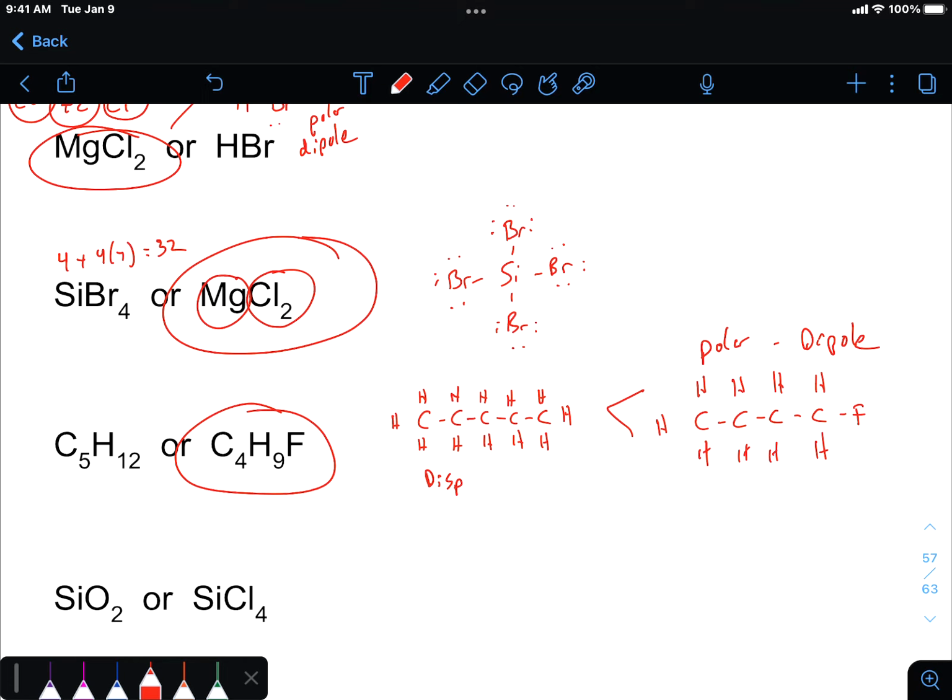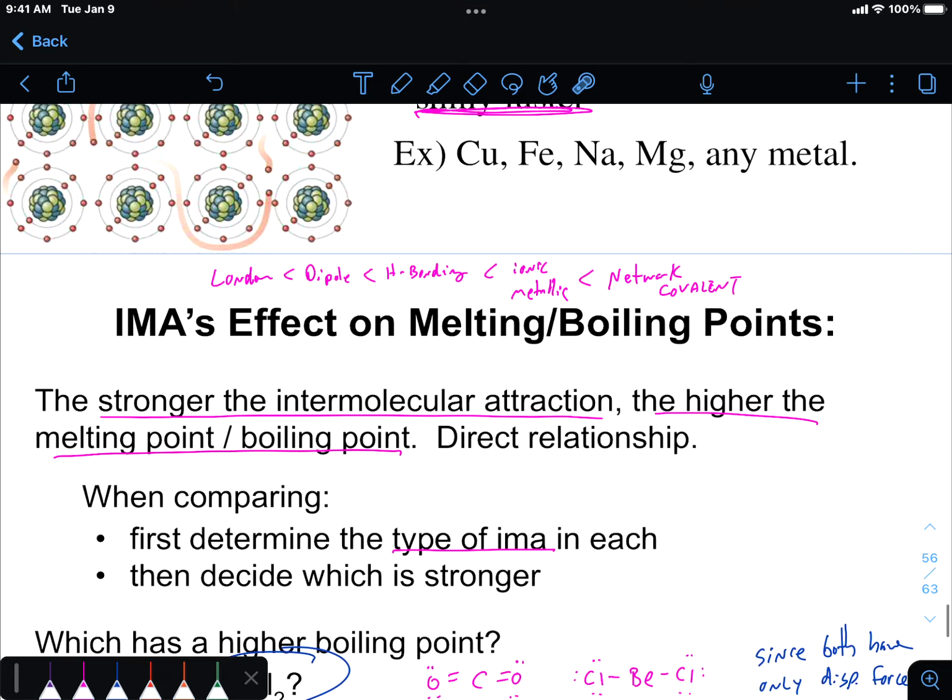So you have to know molecular shape, you have to know if it's polar, you have to know which intermolecular attraction, and then you're going to kind of use this ranking here in terms of strength. Again, knowing that ionic and metallic kind of slide back and forth with each other, but other than that, the order is true. Okay.